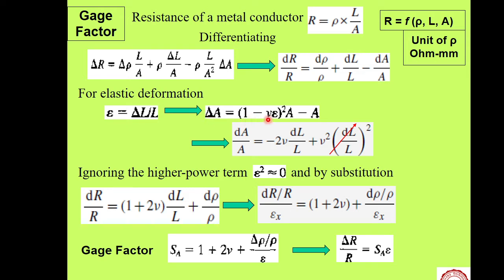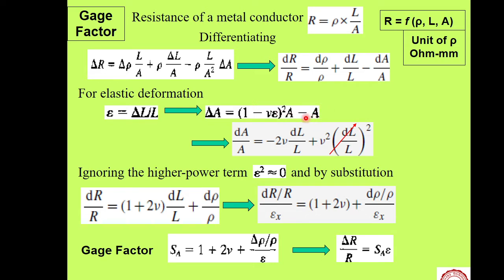So we can say that the changed cross-sectional area is proportional to 1 minus nu into epsilon, because it is contracting usually if there is a stretching in the strain gauge. And the square is coming because area contains square of the sides. In some way it's a square of the length unit, right? So this is the changed area, and this part is the original area.